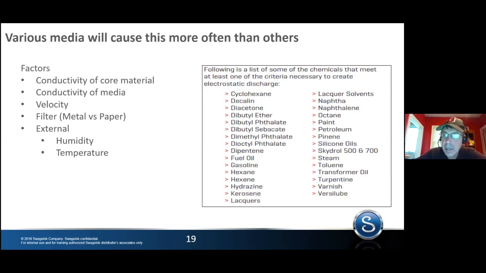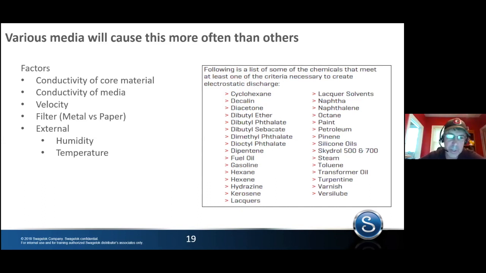The second issue is flow rate. The faster the media flows, similar to shuffling your feet faster on the carpet in the winter, the more electrons will deposit. We've seen many applications where this wasn't an issue, and someone goes and turns up a flow meter, a rotometer, or whatever, and all of a sudden, all the hoses start springing leaks.